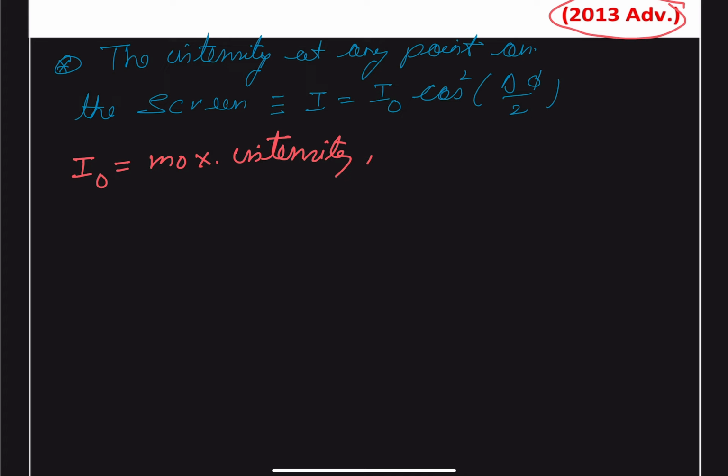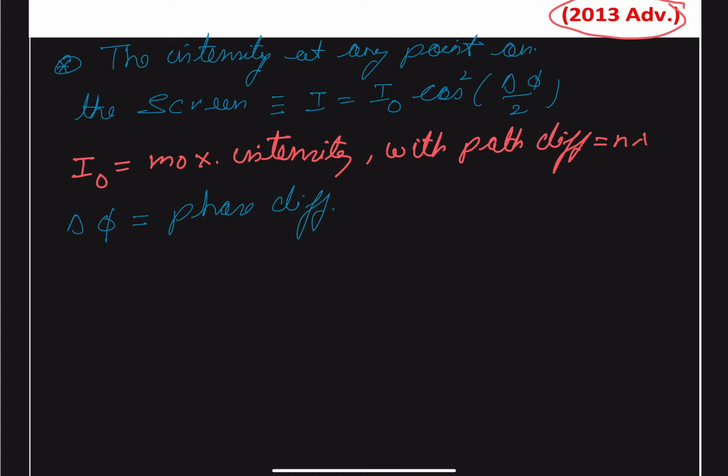We also know the relationship between the phase difference and the path difference delta of x: phase difference equals 2 pi by lambda multiplied by delta of x.